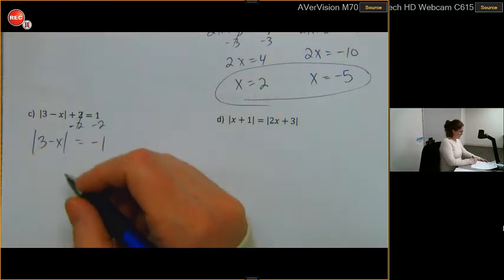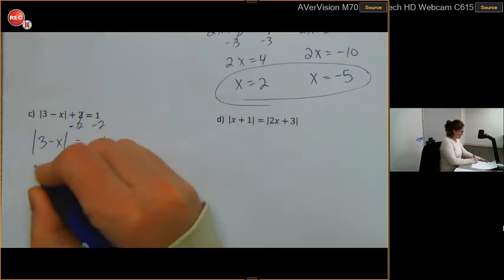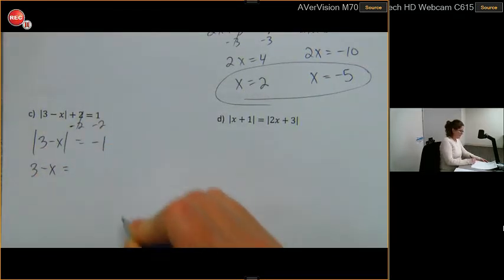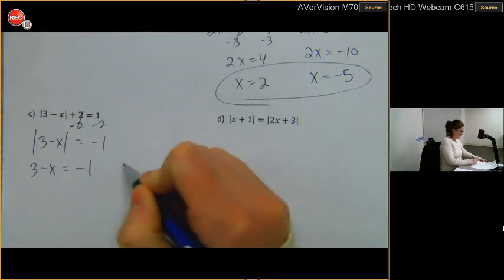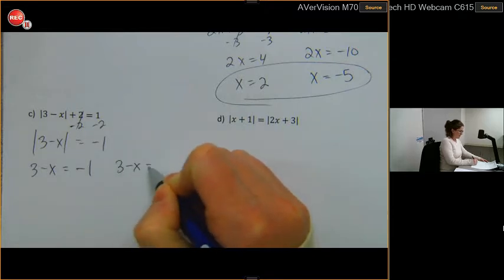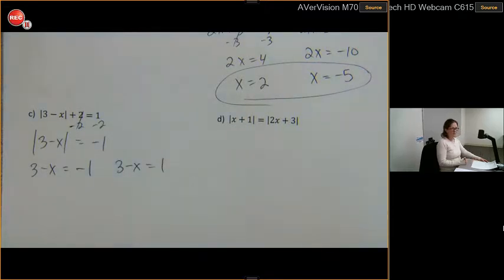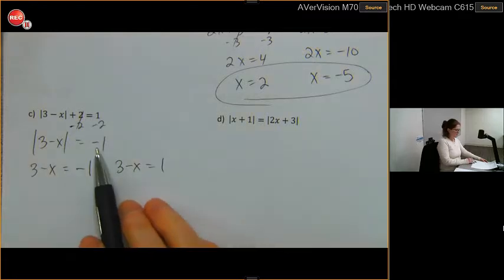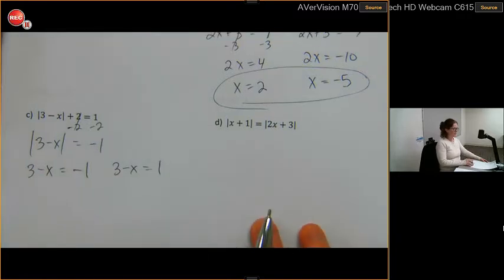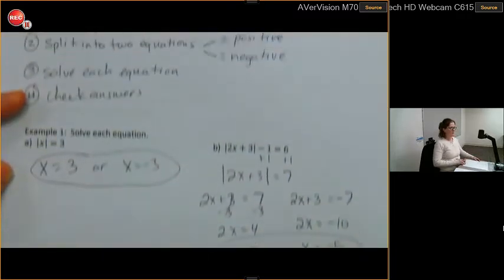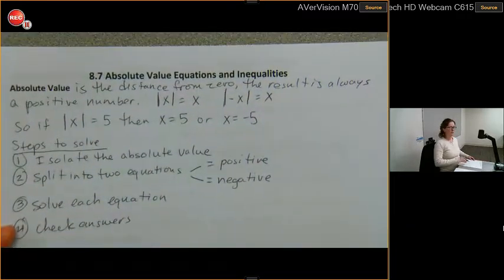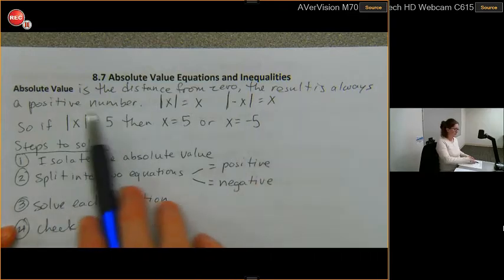And then we have a negative and a positive equation. Now this is a little bit different because it was already equal to a negative. So I'm actually going to back up. I'm going to think about that for a minute. Way up here in my definition, the result is always a positive number.